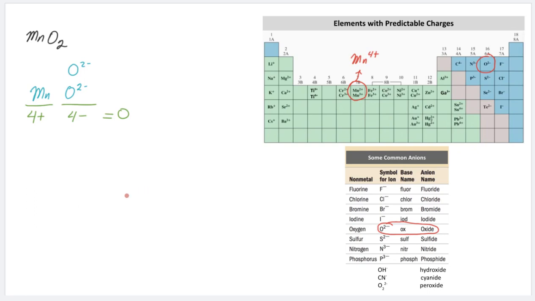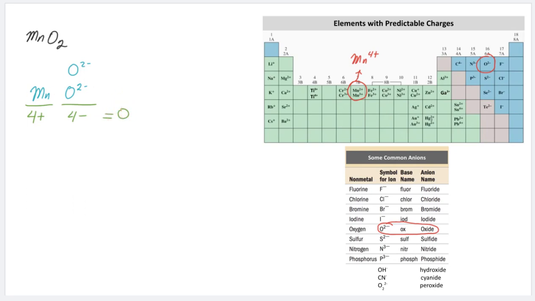Okay, so following this, that makes sense, right? So we cancel here, we cancel here, we cancel here. So we cancel the charges, and that gives me 0.